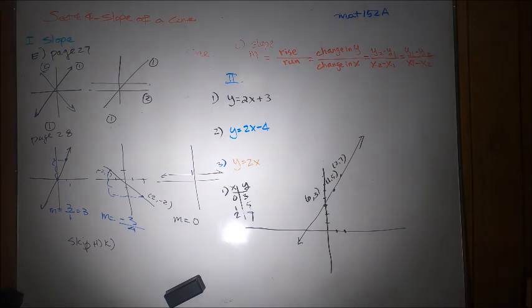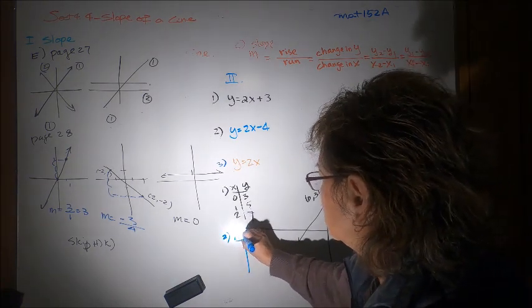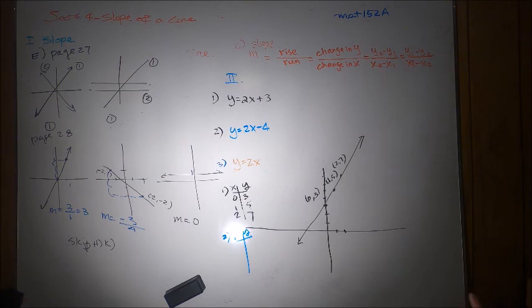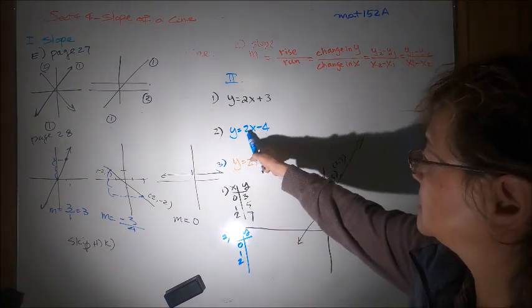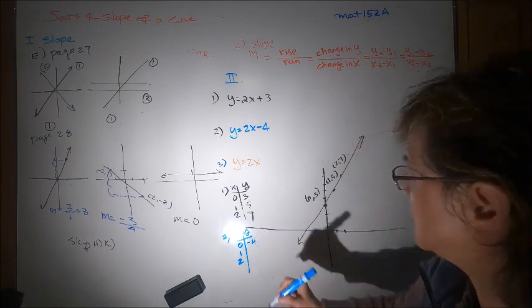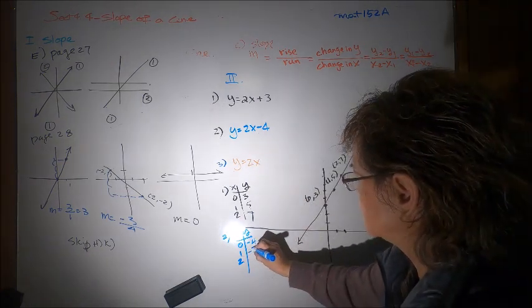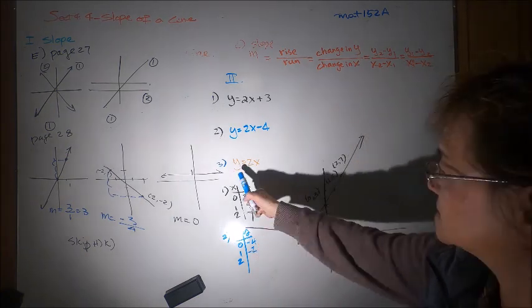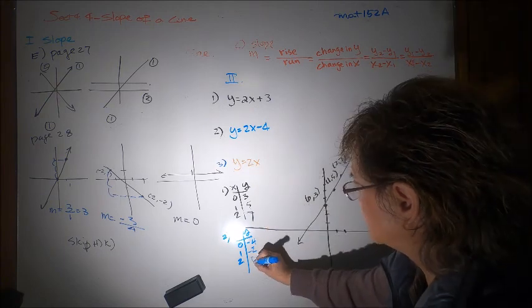Then for the second one, let's take a look. We just use a t-table to graph it. So x is 0, 1, 2. You plug in 0, that's -4. Plug in 1, that would be 2 minus 4, -2, right? And x is 2, that would be 0.